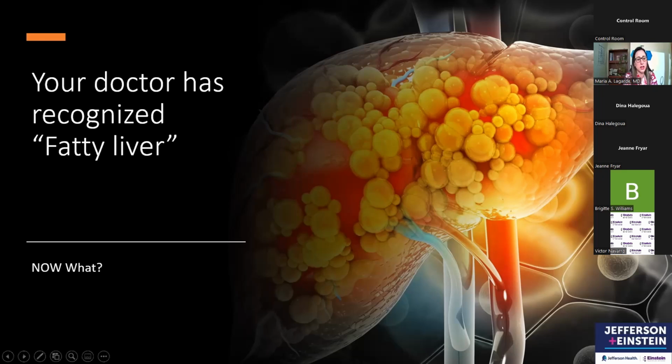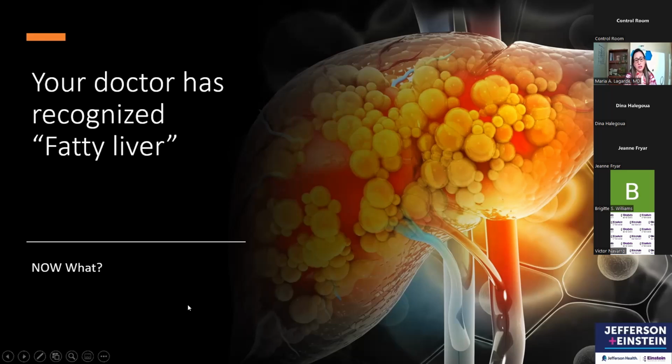Or you were in the emergency room for something different, and you had a CAT scan or CT scan of your abdomen, and a diagnosis of fatty liver was made. Other ways it can be identified: your doctor may be actively looking for it. You may have all of these conditions that we've talked about: diabetes, high cholesterol, high blood pressure, excess weight, and your doctor is concerned that you may have this condition, and so he considers sending liver tests or images to see if this is your condition.